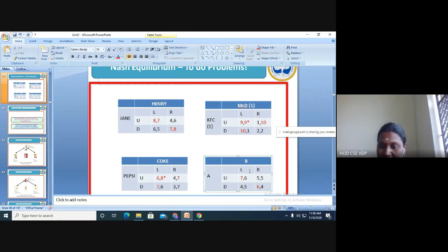And similarly, B strategy when compared to A. So 6 and 5. This is going to be my Nash equilibrium, right? So that is all about finding out Nash equilibrium. As told earlier, you can have more than one equilibrium values.